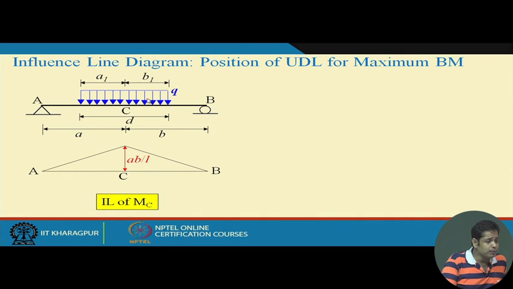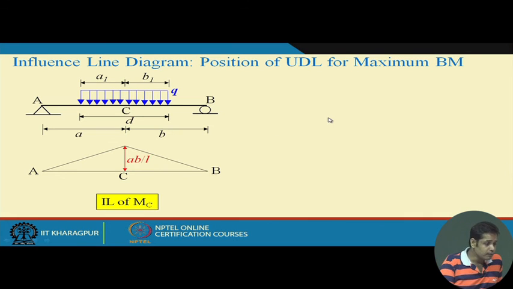Suppose the load is placed in such a way that the portion of length A1 is on this side of C, and length B1 is on this side of C. We can say that the point C divides the load in the ratio A1 by B1. We do not yet know the values of A1 and B1, how they depend on A and B, that we need to find out.